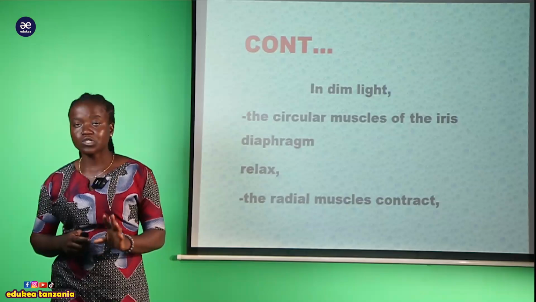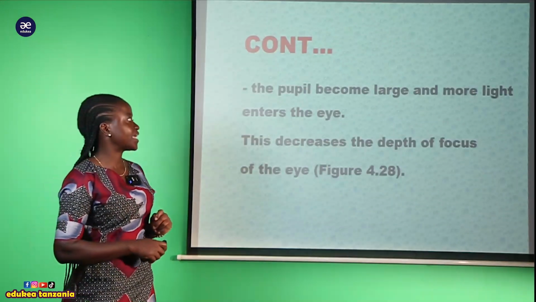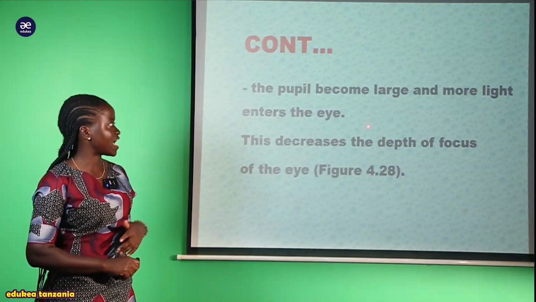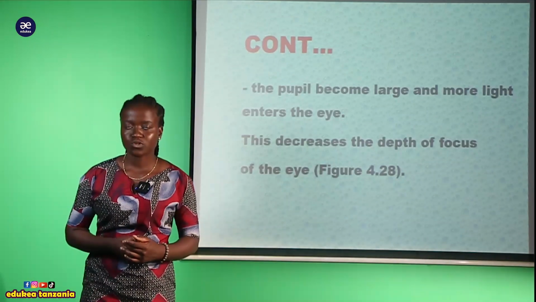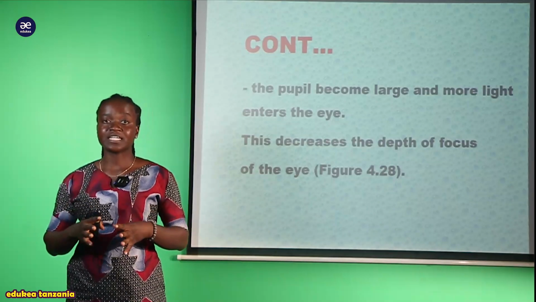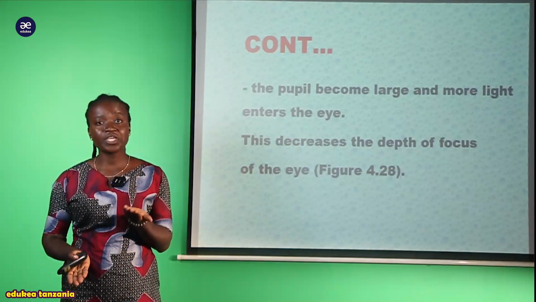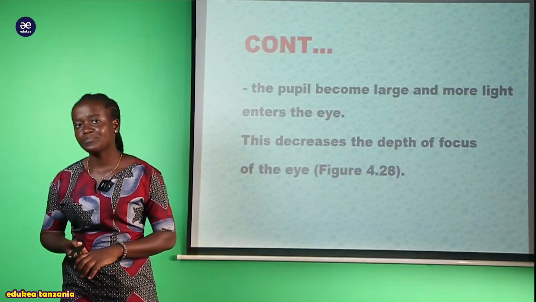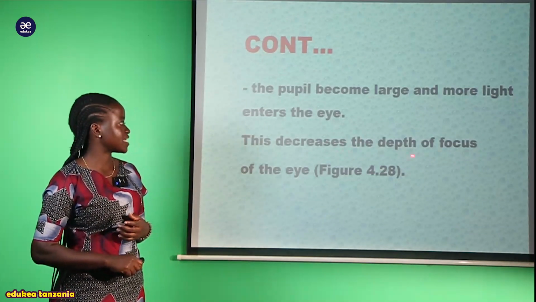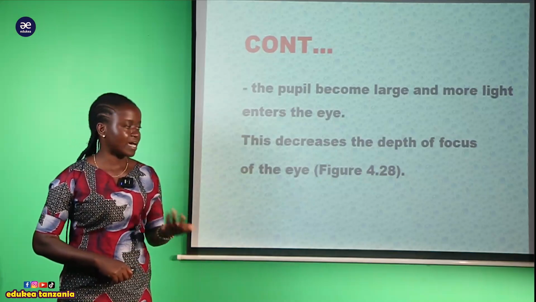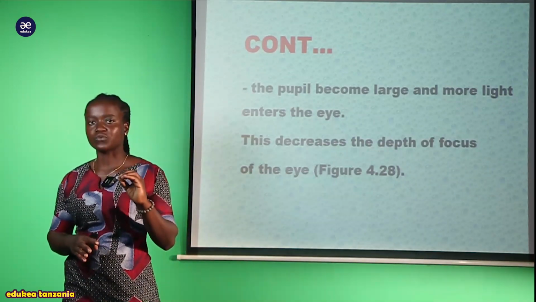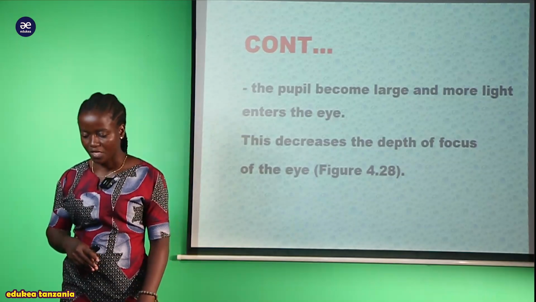The radial muscle ikicontract ndipo ambapo inapelekea the pupil size to become larger and more light enters the eye. So ile radial muscle ikicontract and ile iris diaphragm ika relax, mwanga mwingi utapita kuingia ndani ya pupil. So that we can say that they decrease the depth of focus of the eye. So hapo ndipo ina decrease ile amount of light to enter through the eye.